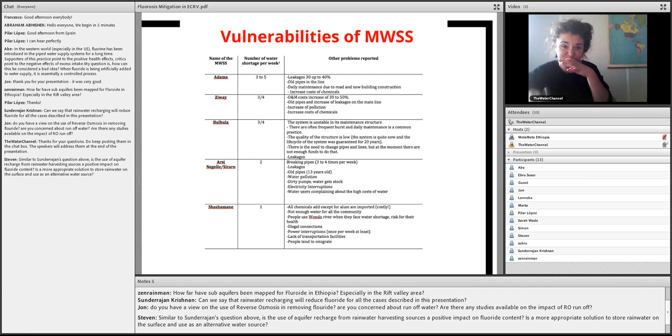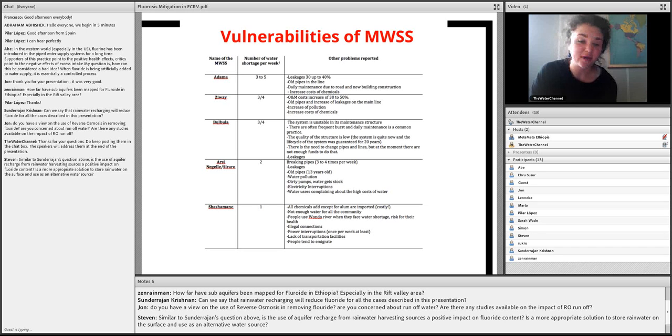Here they reported the main vulnerabilities of the schemes. As you can see, there is a lot of water shortage per week, and mainly all the problems reported by these multiple water supply schemes are leakages, problems of operational and maintenance cost, and increased cost of chemicals.